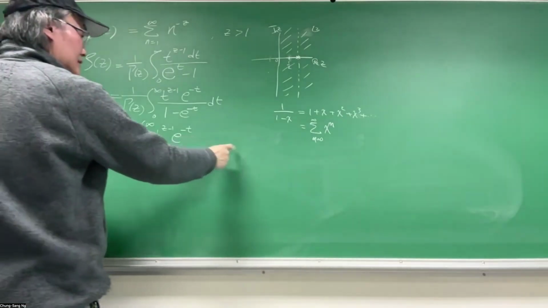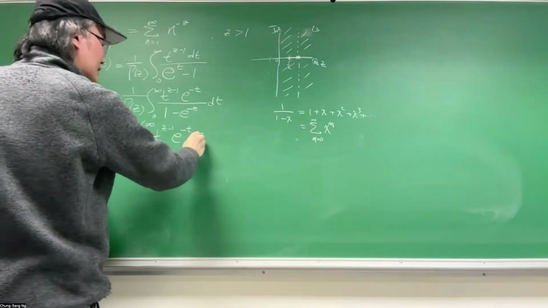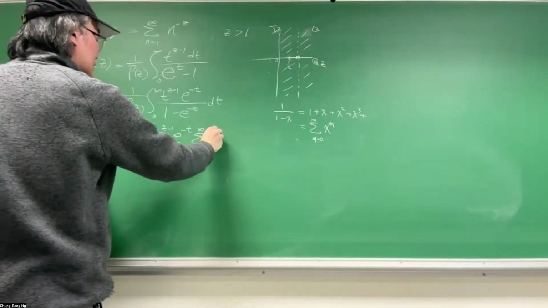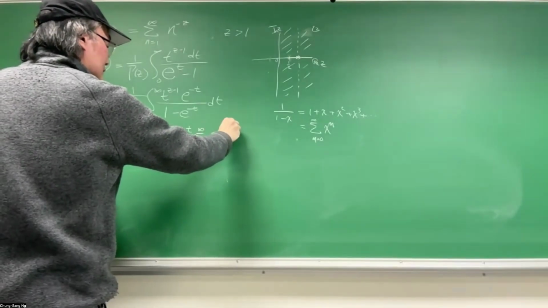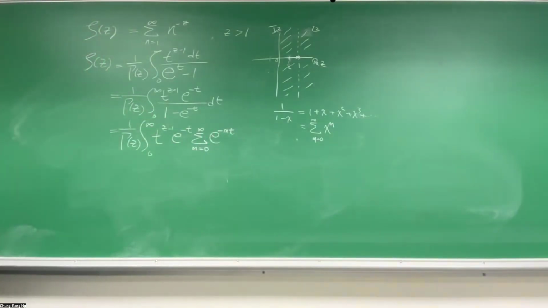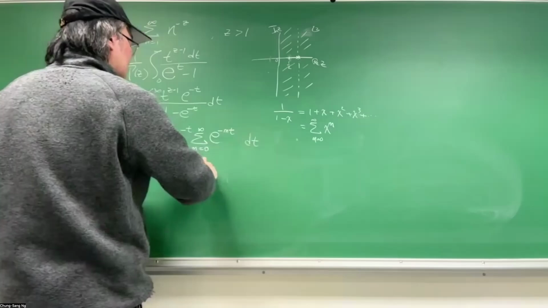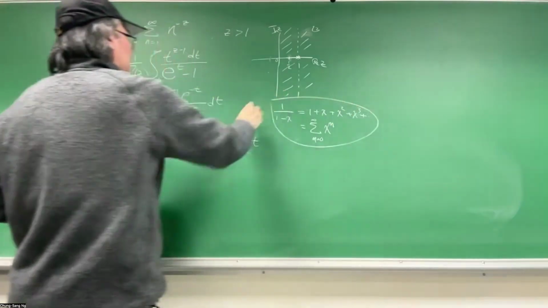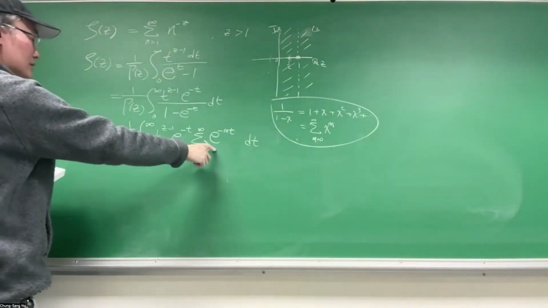So let's use this first and see if we get what the textbook has. The sum from m equals 0 to infinity of the integral from 0 to infinity of e to the minus m times t dt. Just do the expansion using this formula, and multiply this to here.